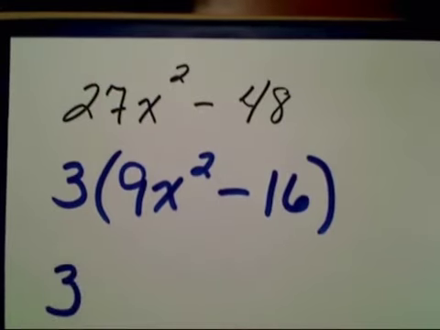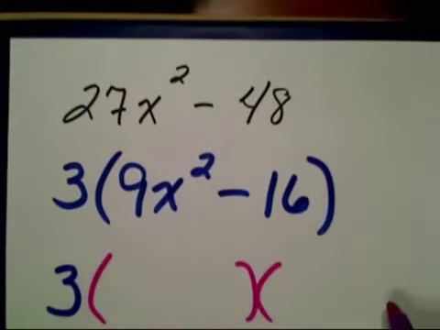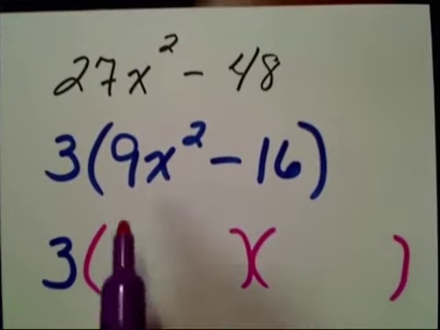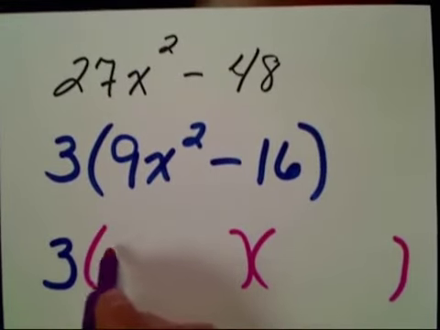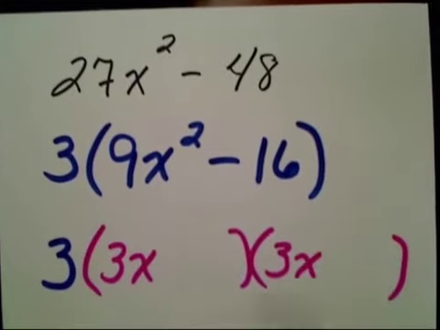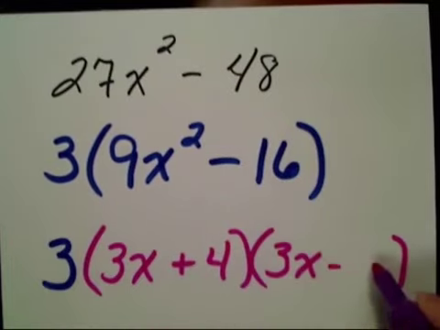But I can break apart the 9x squared minus 16 into two binomials. I go through and say 9x squared is made up of 3x times 3x, and a negative 16 is made up of a positive 4 and a negative 4.